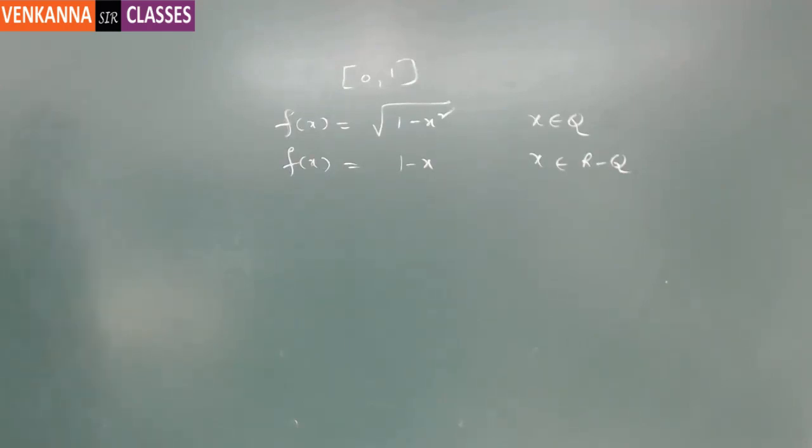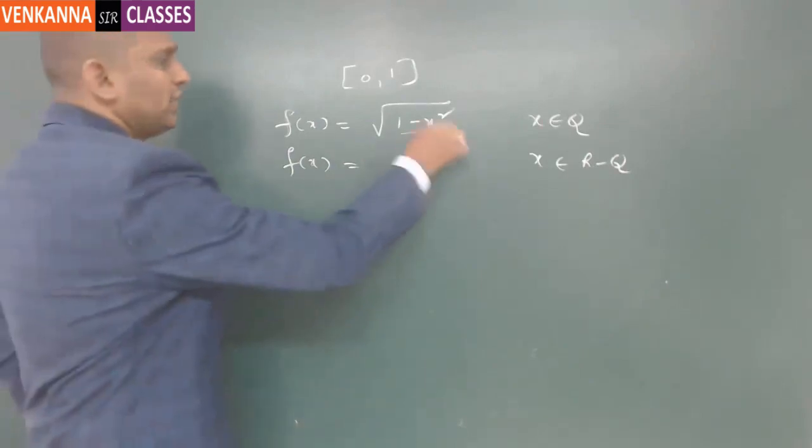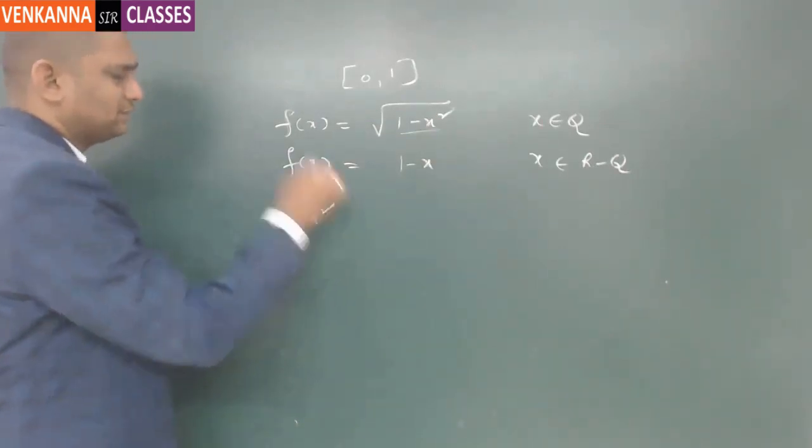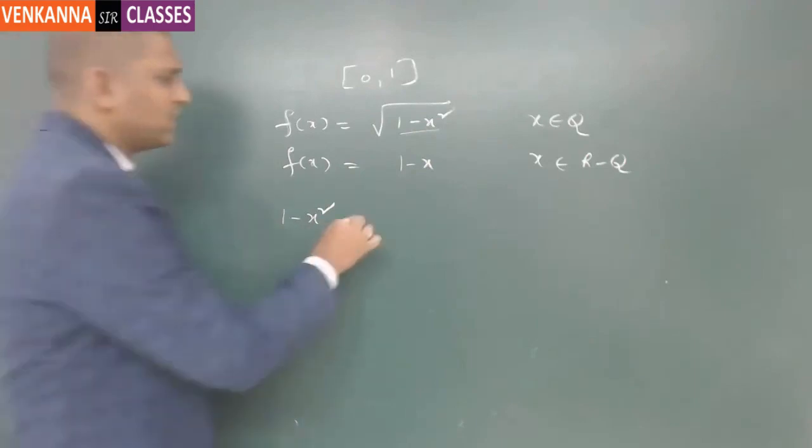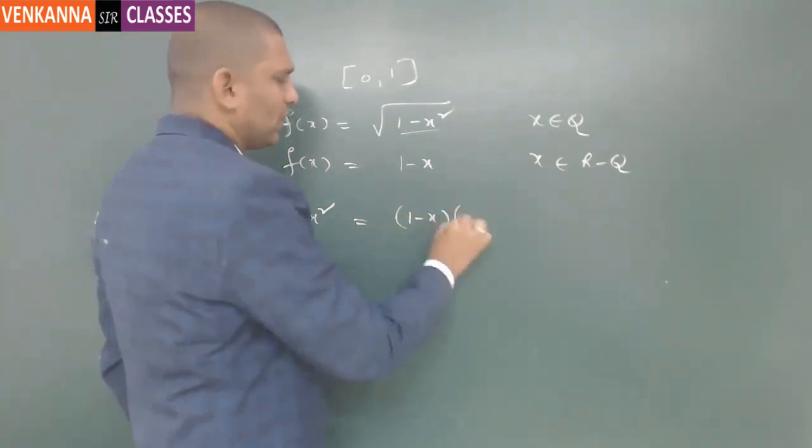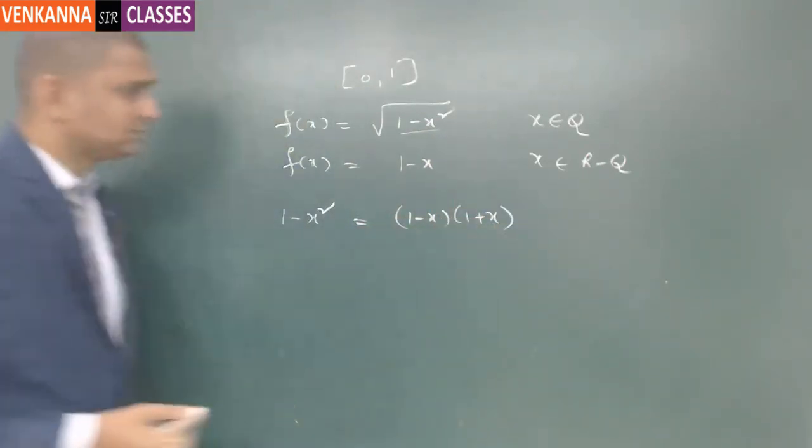Right. So if you take the function 1 minus x square, you are going to write it as 1 minus x into 1 plus x. Accept it?